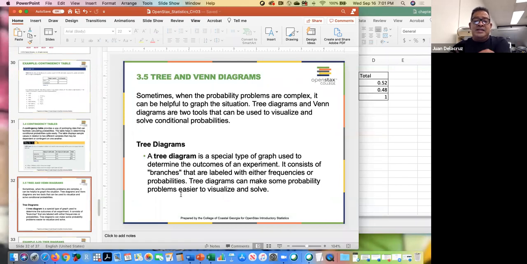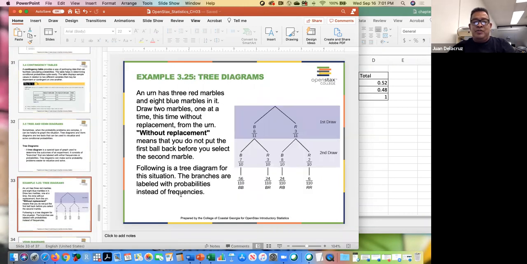A tree diagram is a special type of graph used to determine the outcomes of an experiment. It consists of branches that are labeled in either frequencies or probabilities. Tree diagrams can make some probabilities easier to visualize and solve. Some people believe that. I'm not very good with tree diagrams, but you can use them.